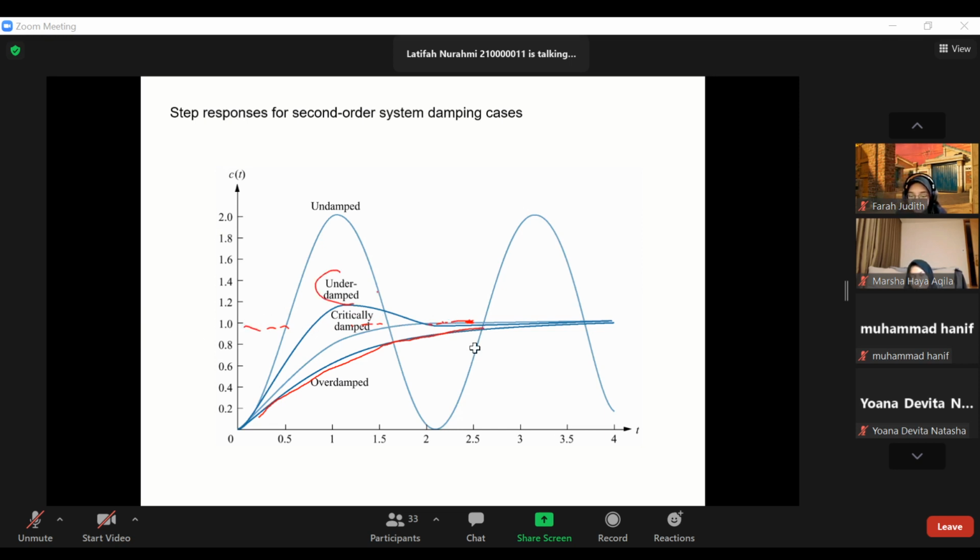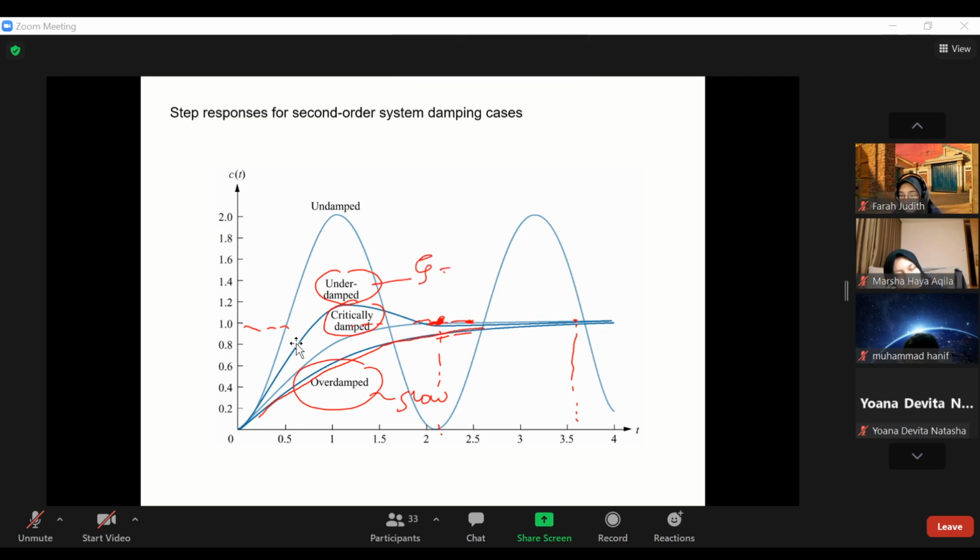For both underdamped and critically damped, they already reach the output, the reference value, at around this time, let's say around 1. But for overdamped, because it's too damped, it reaches the output probably around this later time. So overdamped is quite slow in reaching the output. Underdamped and critically damped, well, you can't see the difference here because for the underdamped, zeta is close to 1, I think 0.8.